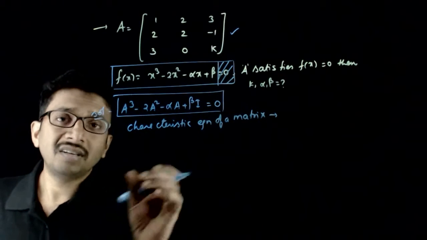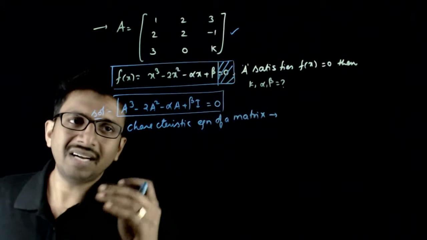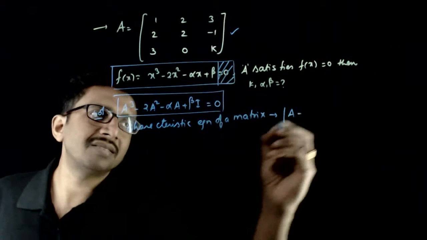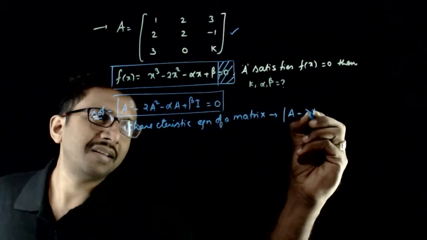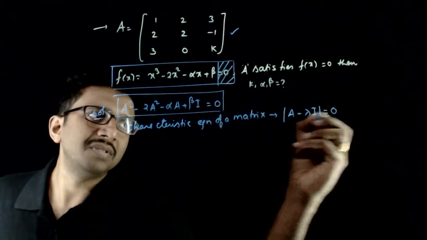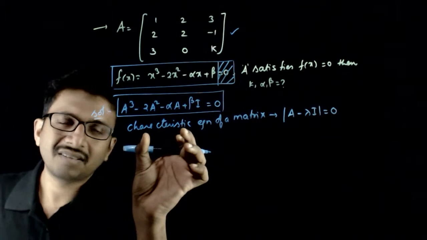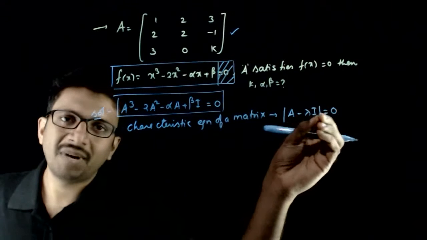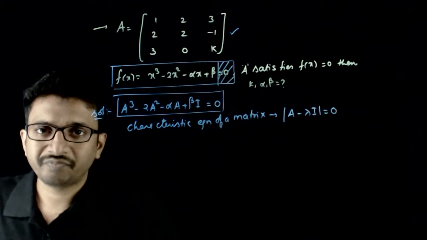It is nothing but that every matrix A satisfies its characteristic equation, which is det of A minus lambda I is equal to 0.